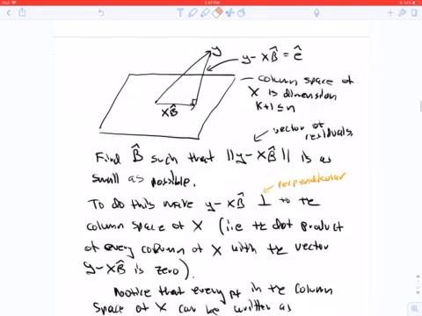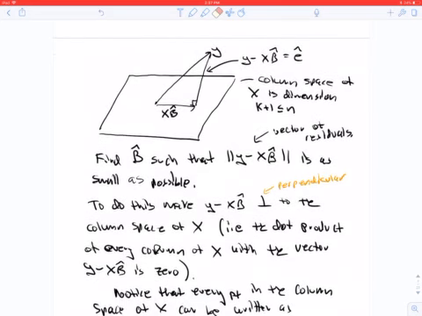So to minimize the Euclidean norm of y minus x beta hat, we take an orthogonal projection onto the column space. The shortest distance from y to the plane is an orthogonal projection, and so this orthogonal projection should be perpendicular to any column vector in our column space.